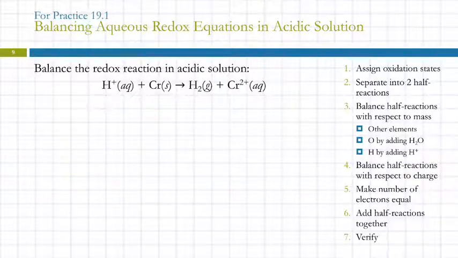Balance this one. So hydrogen ion plus chromium atom makes hydrogen gas and chromium ions. Again, I'm going to skip assigning oxidation states. Separate these into two half reactions. Okay, so there's my arrow. I'm going to put hydrogen ion here.